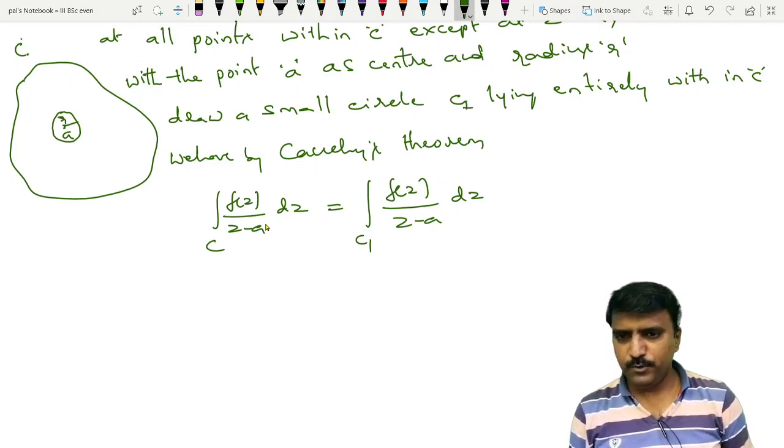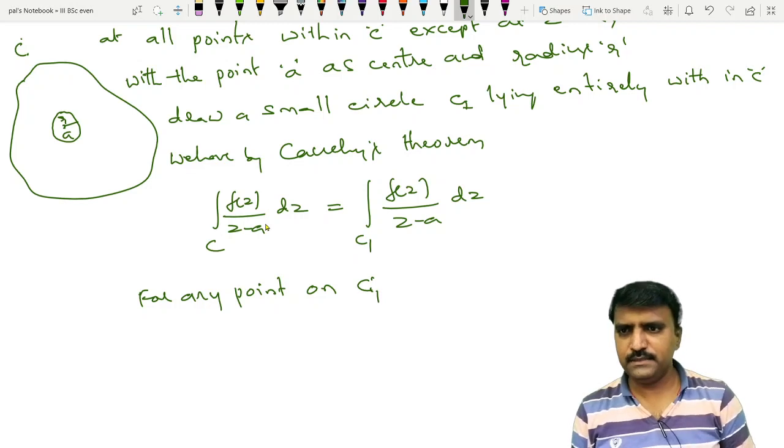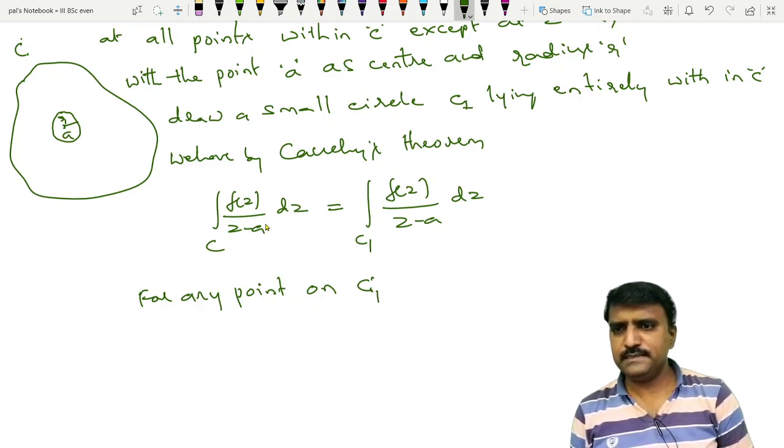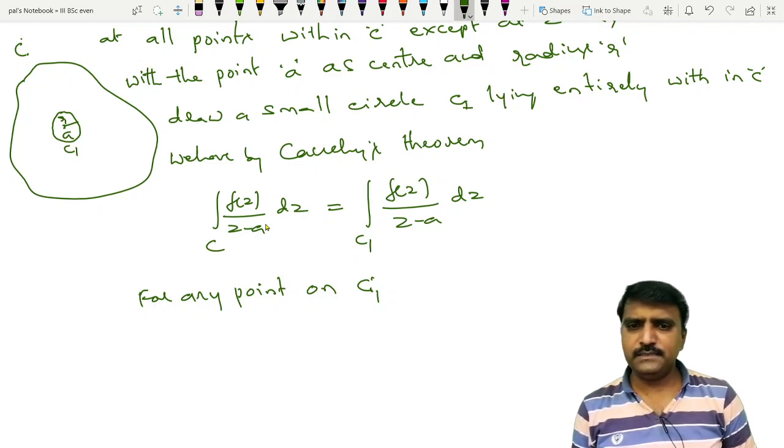So for any point on C, what is that, any point on C1? You see, this is the circle C1. Any point on C1?